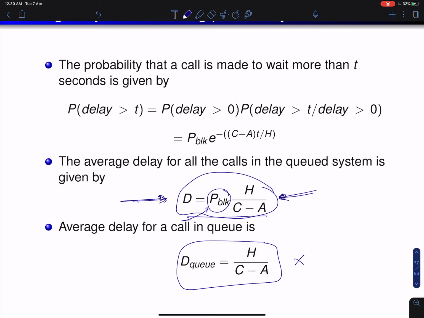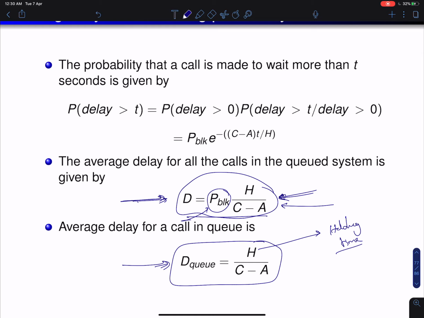In an Erlang C system, the parameters of interest are, of course, the probability of a call getting blocked, and the delay that the calls experience in the queued system. The delay for a call in the queue, the one which is not getting served, will be H divided by C minus A. H is the holding time.